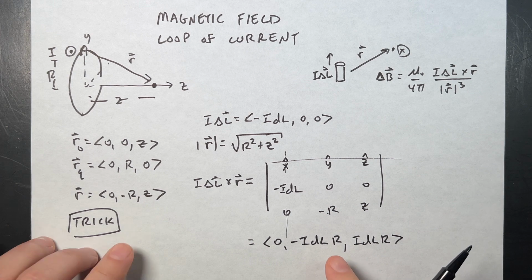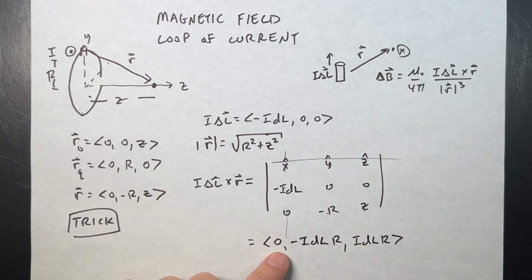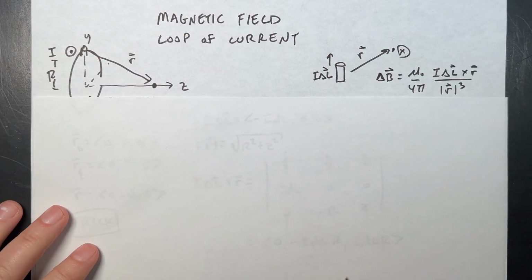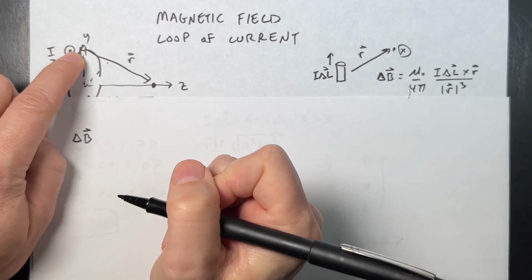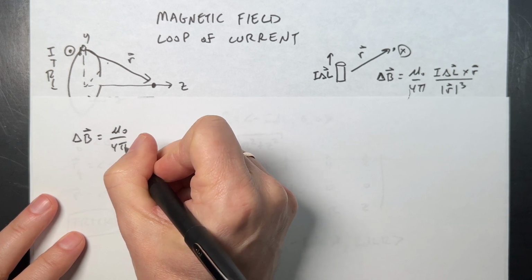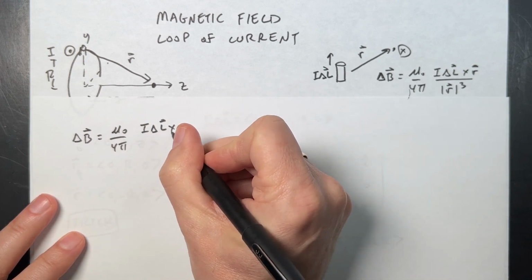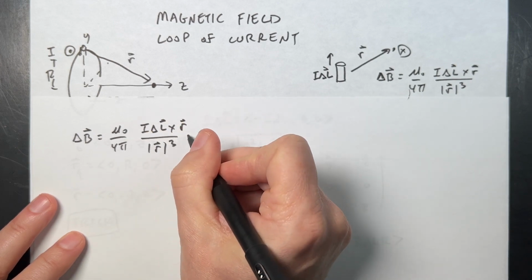Okay, so I have the magnitude, I have the cross product. Let's put it into this equation right there. Okay, so I'm going to put this right here. Delta B, that's just the magnetic field just due to this piece right here. Mu naught over 4 pi, I'm going to write it out. I delta L cross R divided by the magnitude of R cubed.